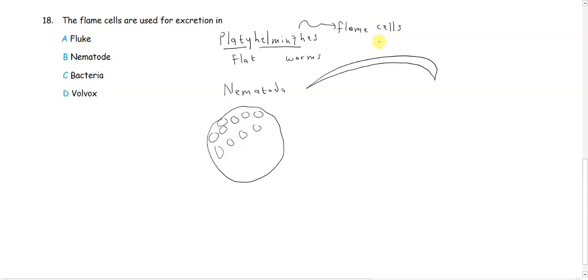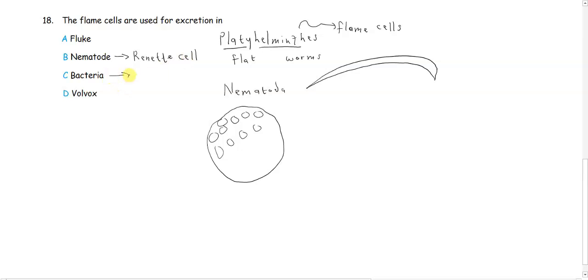If we look at B, C, and D, the nematodes actually use an excretory cell called the renette cell, or the renette organ.